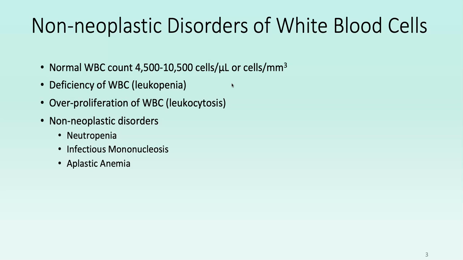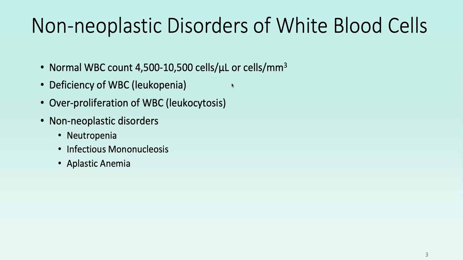This is an infection, but we're discussing it here with the non-neoplastic WBC disorders because of how it affects white blood cell development. The role that white blood cells and lymph cells play in infections, inflammation, and immunity will be discussed in subsequent modules and subsequent weeks.